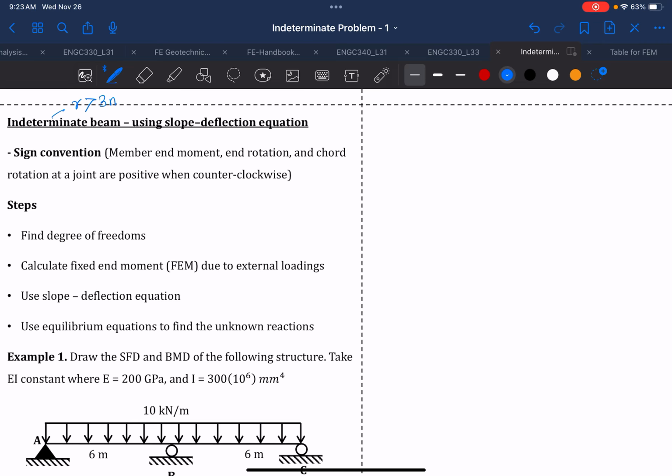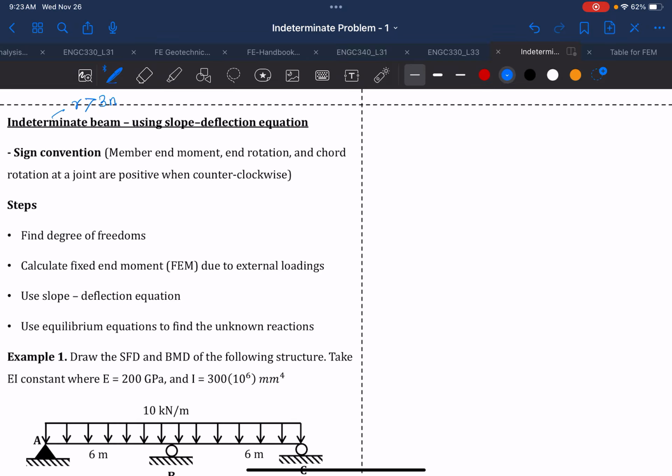And for slope deflection, the first thing that I would like to talk about is the sign convention. This is very important because many different authors in textbooks, or even in your classroom, or in all the resources you'll see, have a different sign convention. By different, I mean that the meaning of positive and negative can be different.